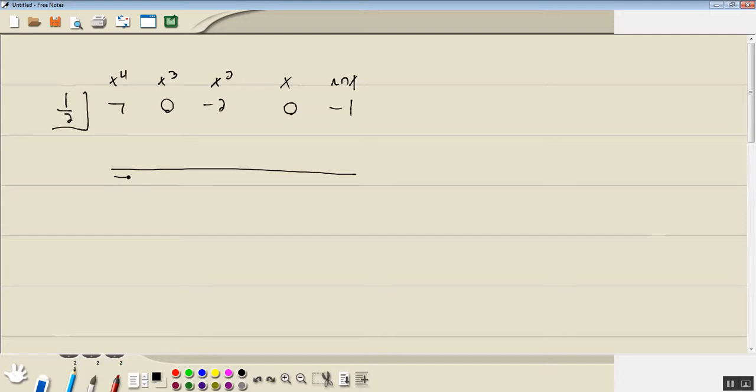So I'll add 7 plus nothing, 7. Multiply. 1/2 times 7 is 7/2. Add 0 plus 7/2 is 7/2. Multiply 1/2 times 7/2 is 7/4. Add, and I'm going to cheat and use my calculator. I think it's negative 1/4, but let me check, negative 2 plus 7 divided by 4.